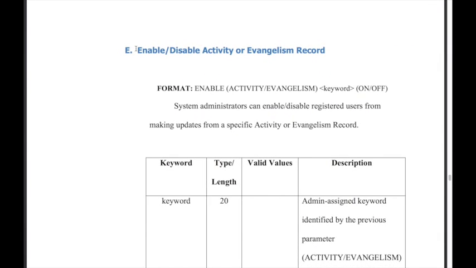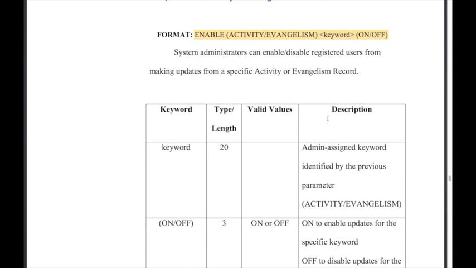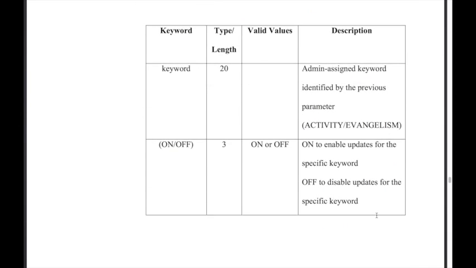For the last keyword, it will be to enable or disable an activity or evangelism record. So the format here will be this one. The keyword, either activity or evangelism, and then on or off. The valid values: on to enable the updates for the specific keyword, and off to disable it.